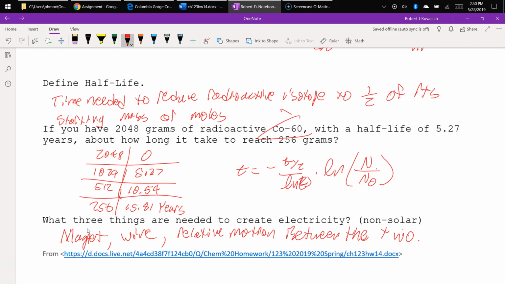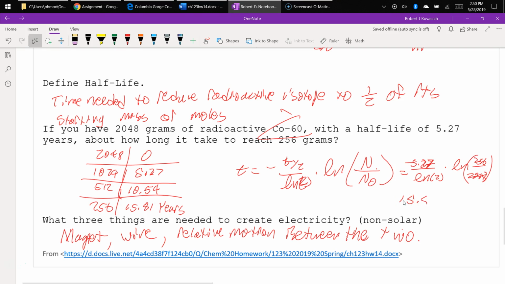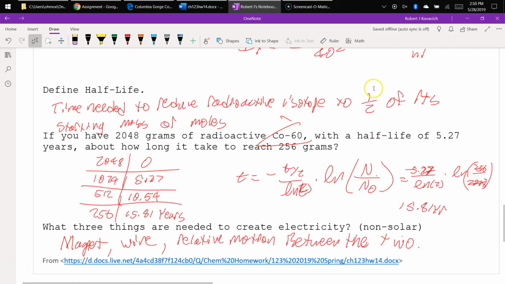So you could put down 5.27 divided by the natural log of 2, negative 5.27, times natural log of 256 divided by 2048, and that had better give you 15.8 years as your answer.